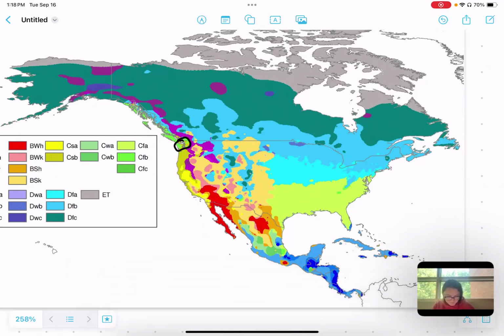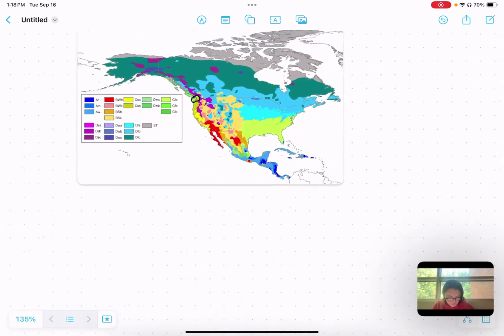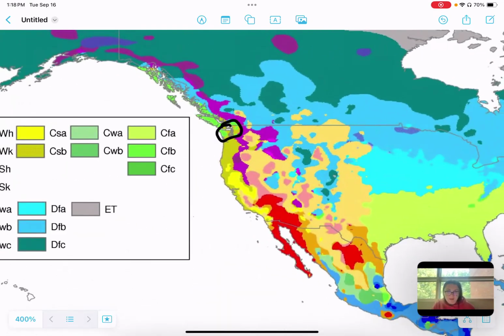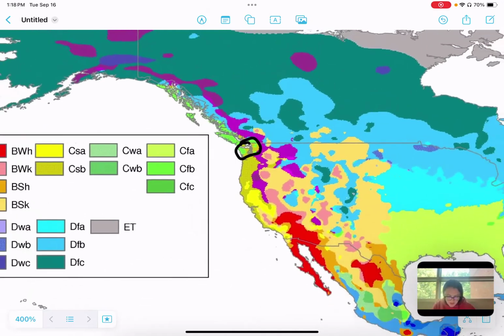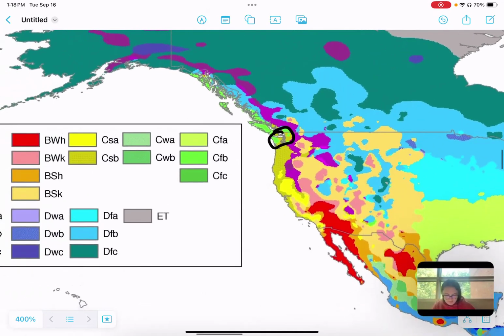Okay, so hopefully from this map you can pick out a couple of the different colors. It's really just two, but you maybe want to include the purple just a little bit. But Seattle's a little closer to the Pacific Ocean, so I'm really just going to stick with the lime green, which is CFB, or this mustard yellow color that is CSB.